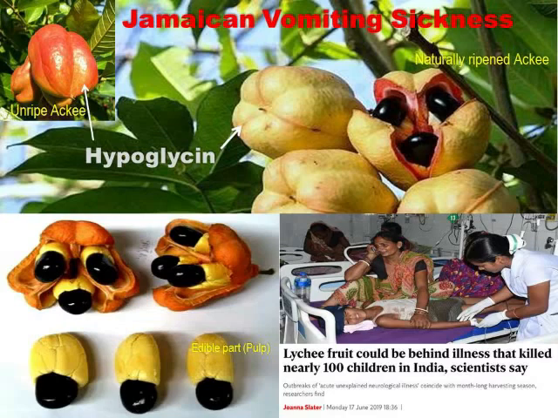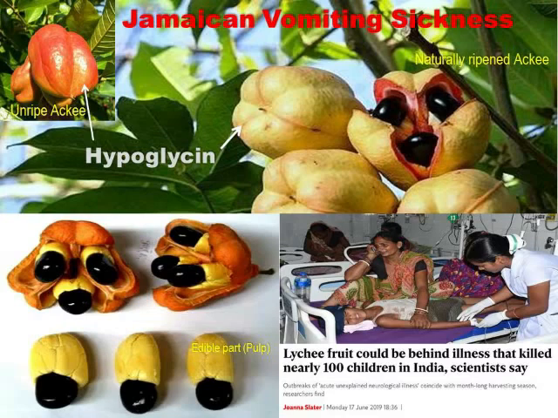Hypoglycin, found in unripe ackee fruits, is an amino acid which is metabolized in our body by deamination and oxidative decarboxylation to methylene cyclopropyl acetyl CoA, which inhibits acyl CoA dehydrogenase during fatty acid oxidation, or it inactivates carnitine palmitoyl transferase 1 or thiolases during beta oxidation.